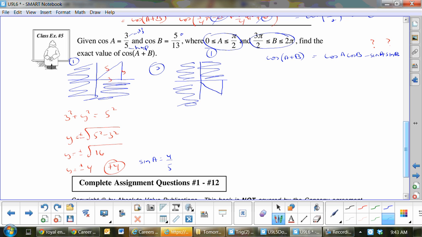Now cos again is adjacent over hypotenuse, so adjacent is 5, hypotenuse is 13. So again, I'm looking for y. So y equals the square root of 13 squared minus 5 squared.